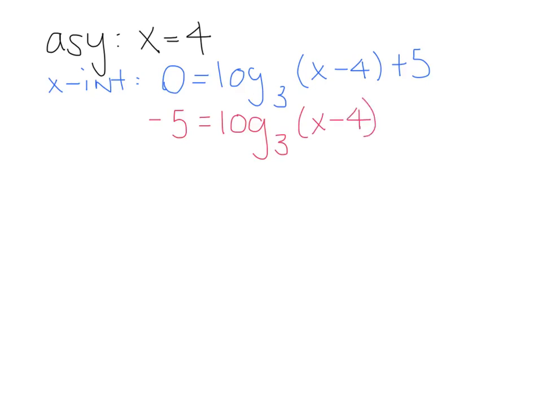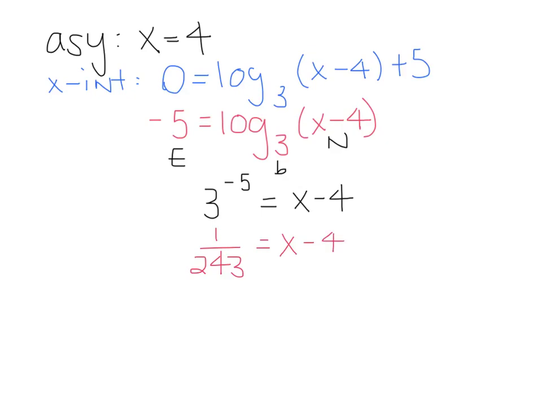Since the x is in the parentheses, we need to change it to our exponential form. So this is our base, our number, our exponent. So we do 3 to the negative 5th power equals x minus 4. The negative moves it to the denominator and makes it positive, so it's 1 over 243.